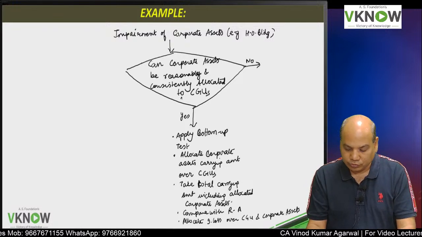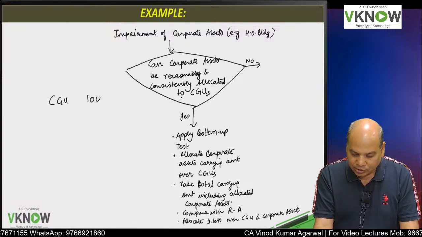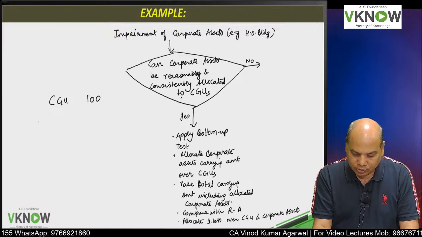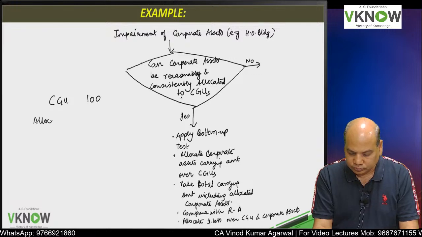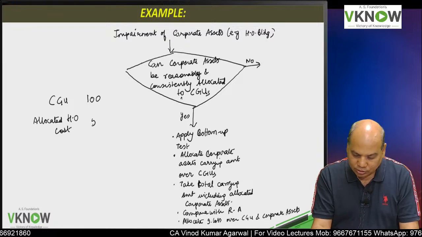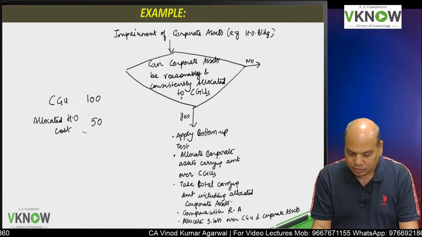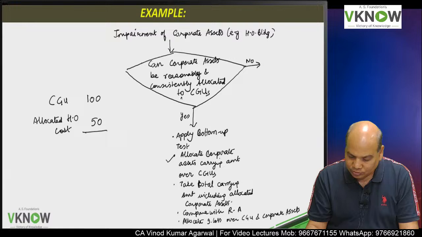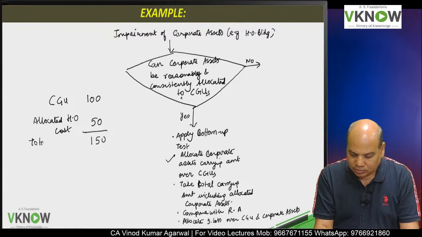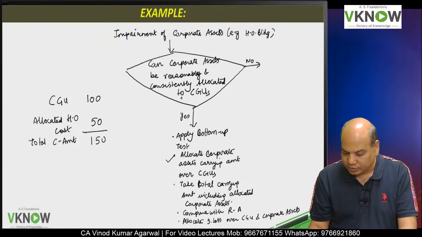For example, suppose there is a CGU whose carrying amount is 100 and allocated head office cost, let us say, is 50. So after you allocate, take the total carrying amount, 150.